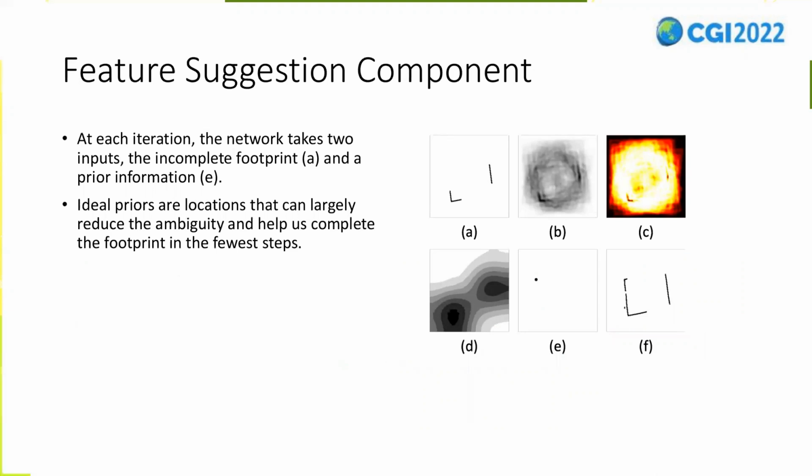These are the steps for how we propose a prior feature. Given the incomplete footprint A, we compute the distances from a sampled building dataset and find the average of the top matched footprints shown in B. Based on B, we can compute the information entropy to represent the uncertainty of the completion, illustrated in image C, together with a distance field shown in D, which encourages the network to explore regions with large ambiguity yet far from known structures.